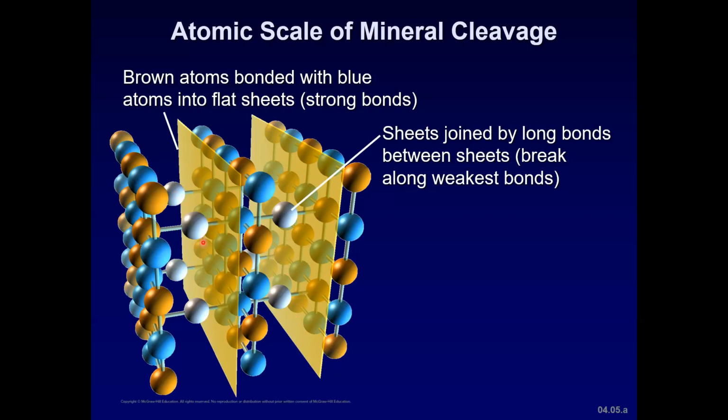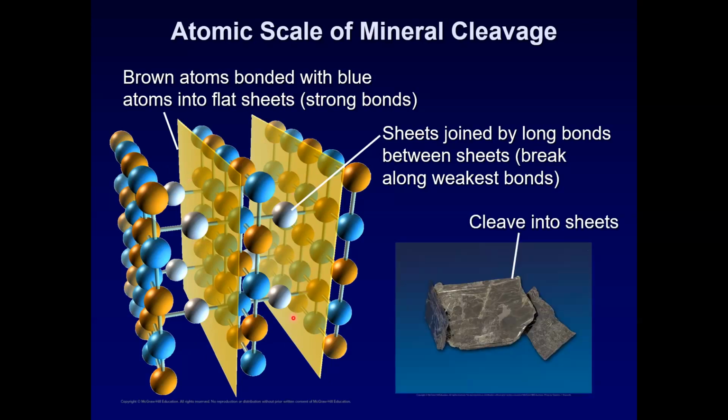It's going to preferentially break along these weaker gray bonds and cleave into sheets. And this is mica, biotite mica. You can pull it apart like the pages of a book because of that weak bond.